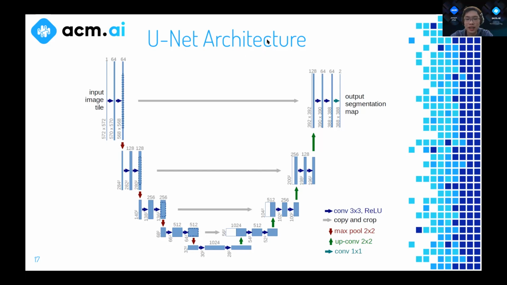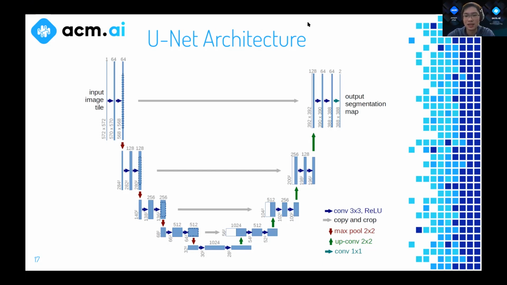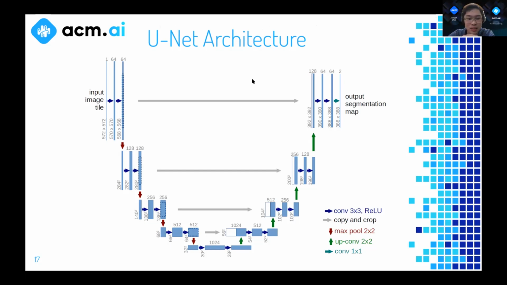So I think I see some activity in the chat. I'm not sure if those are actually questions. Let's see. How would the code look different for the Inception or UNet model? For a UNet model, you can definitely still use either the PyTorch or Keras API to implement it.